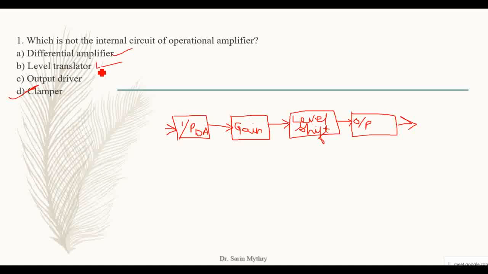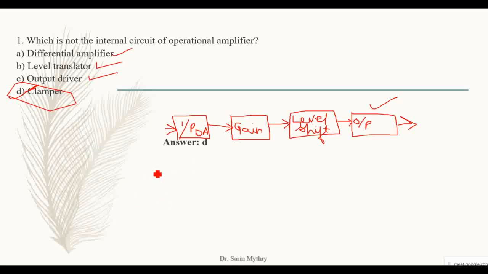And the third one is the output driver, which is nothing else but your output stage. Why is it called a driver? Because it has to drive whatever circuit is connected next. The only left out one is the clamper, so the clamper is not the correct one.